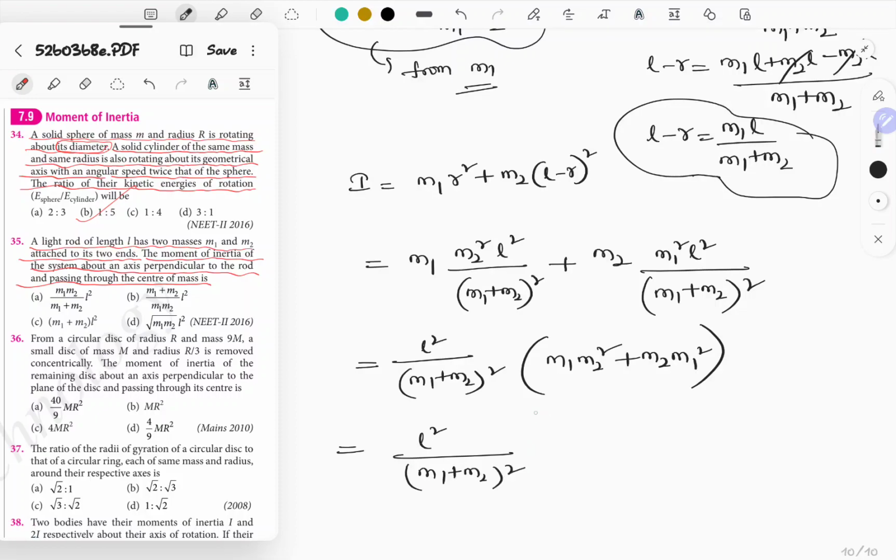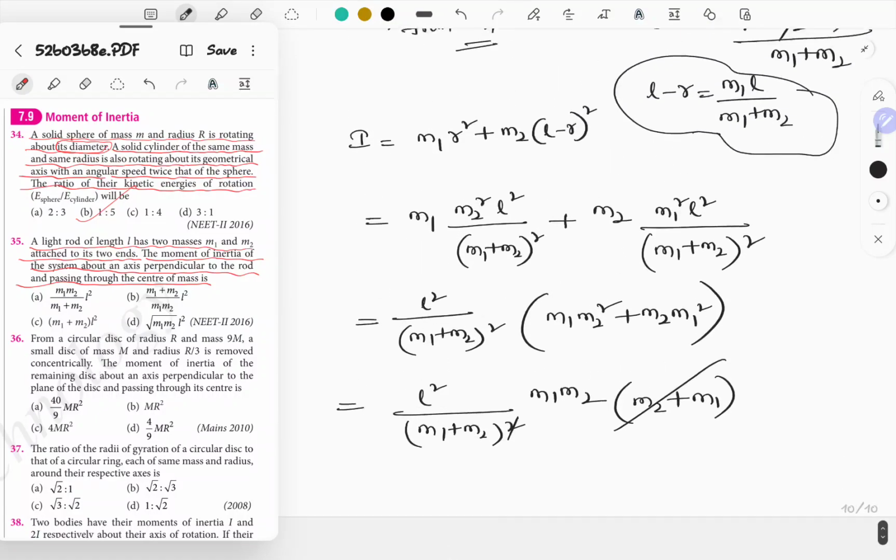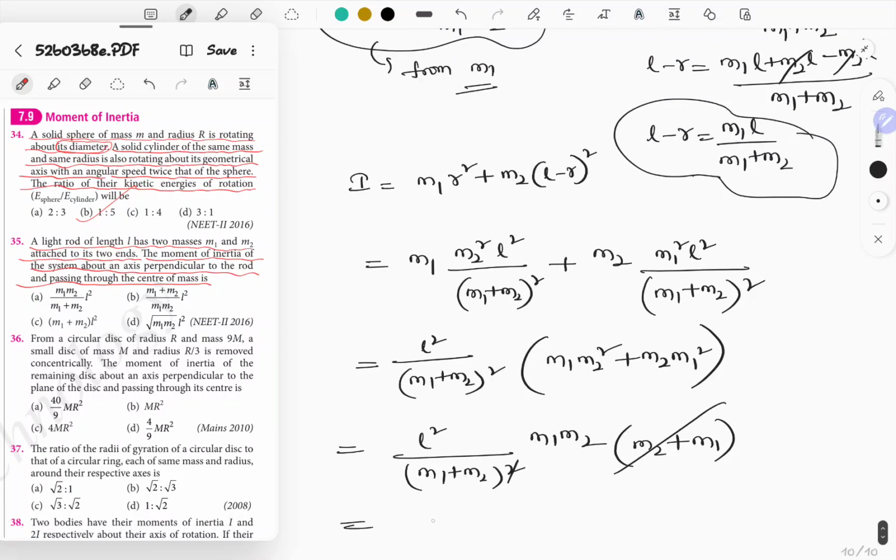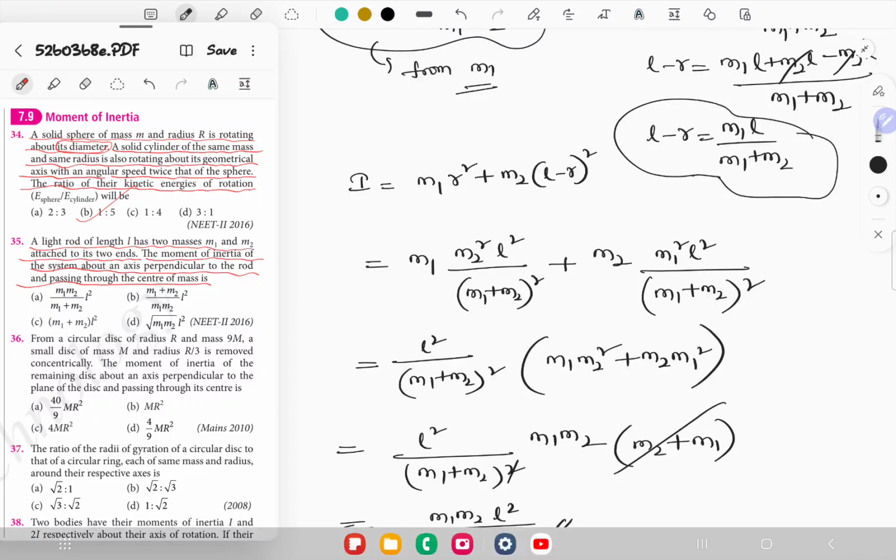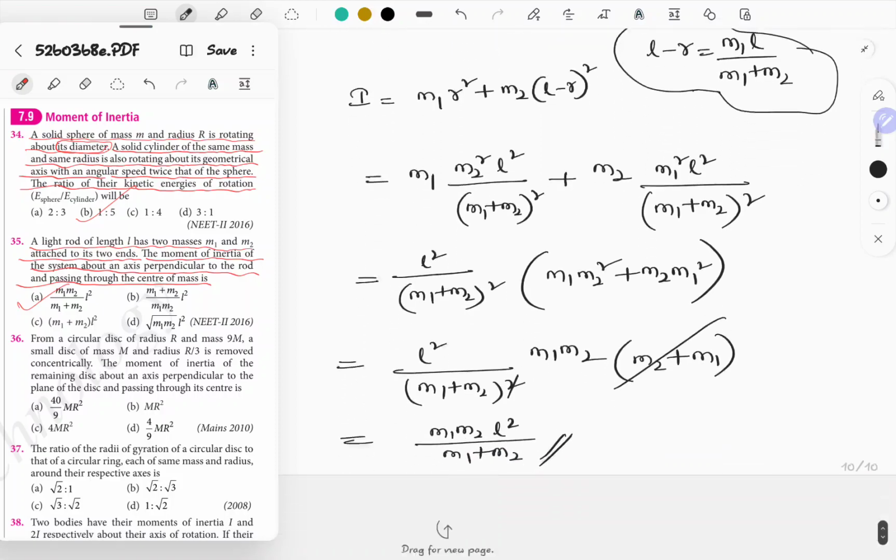What answer am I left with? It is M1 M2 L square divided by M1 plus M2. Which option matches? It is going to be the first option, M1 M2 by M1 plus M2 into L square. Is it clear, guys? Yes, it is.